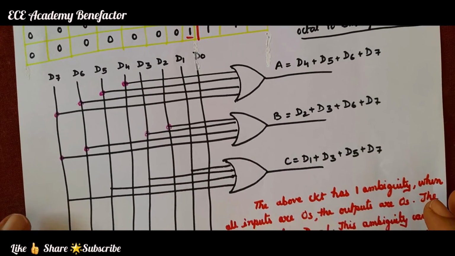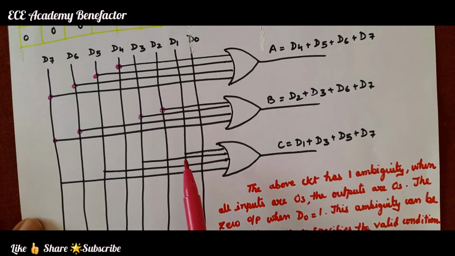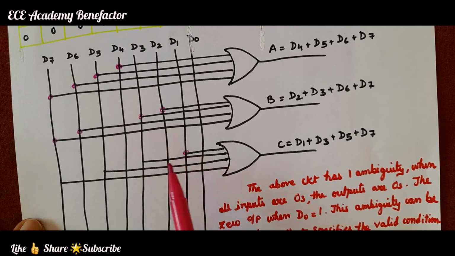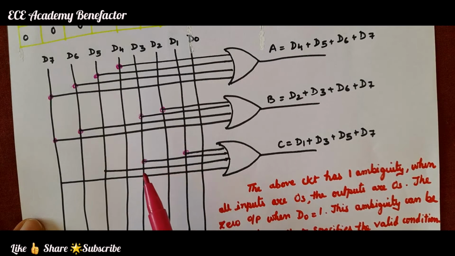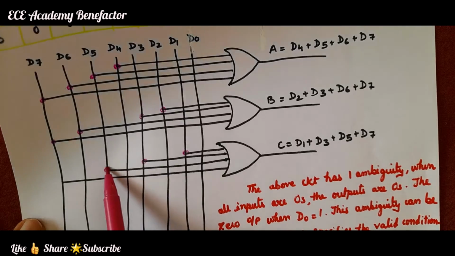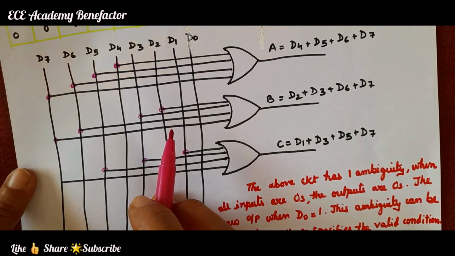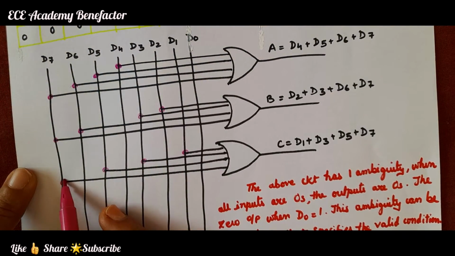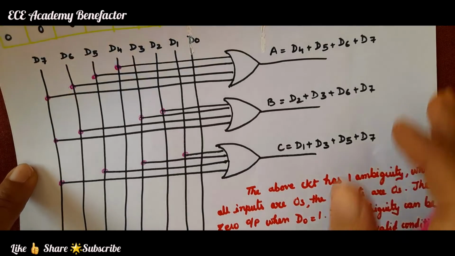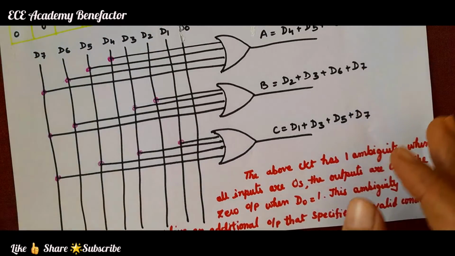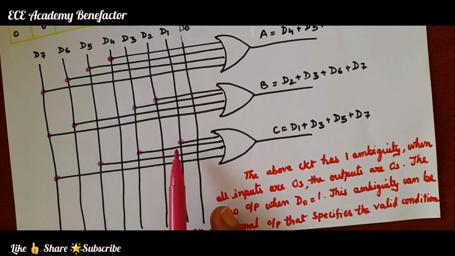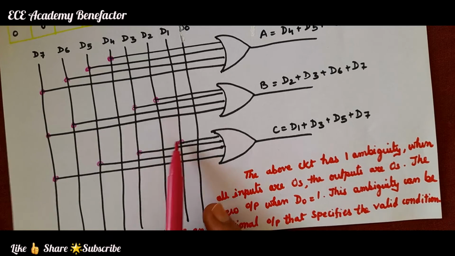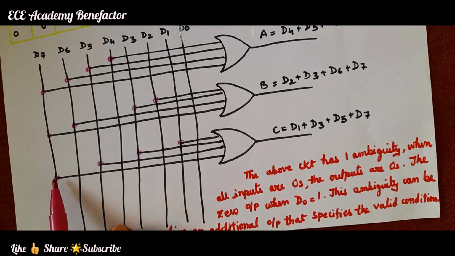Now to get the C output, we need to take D1, D3, D5 and D7. We need to darken these inputs: D1, D3, D5, D7.